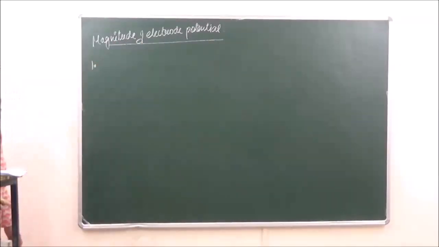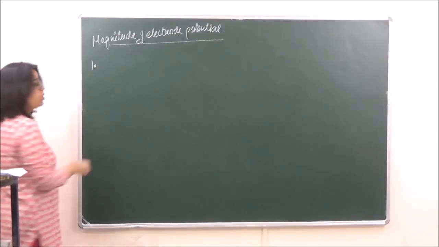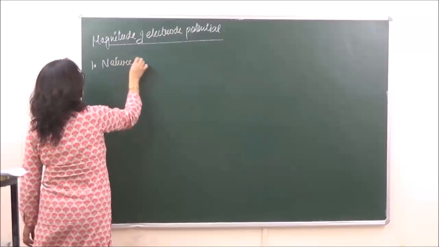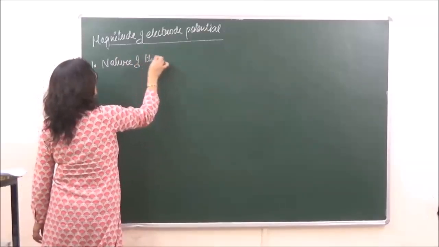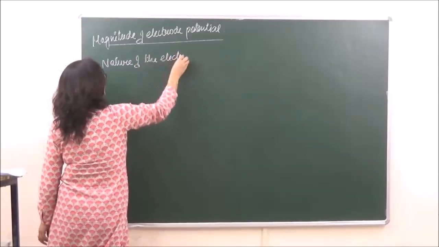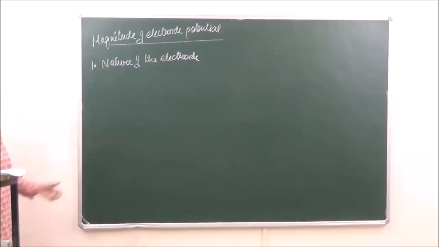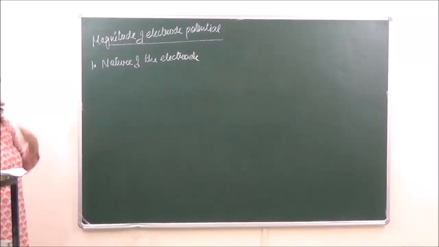The first one is the nature of the electrode, which means which has a tendency to gain electrons and which has a tendency to lose electrons. The electrode potential depends on that nature.